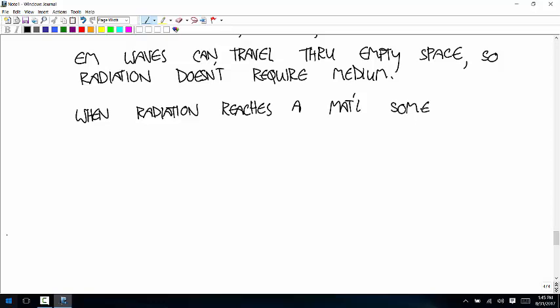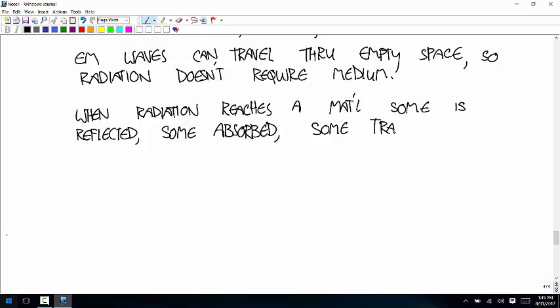That's true for every material, but the relative amounts are different from material to material. Some is reflected, some is absorbed, some is transmitted into the material, or transmitted through the material to other materials.